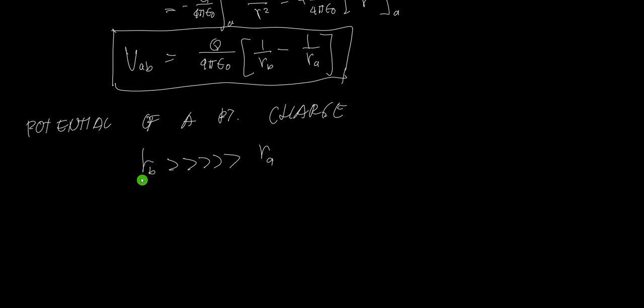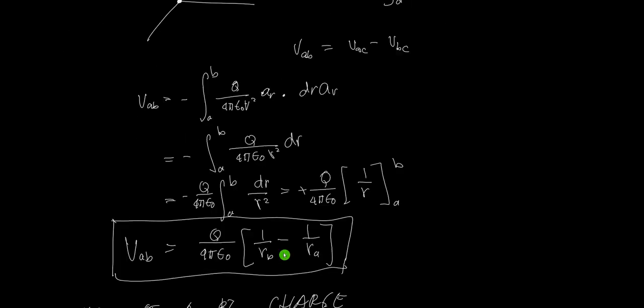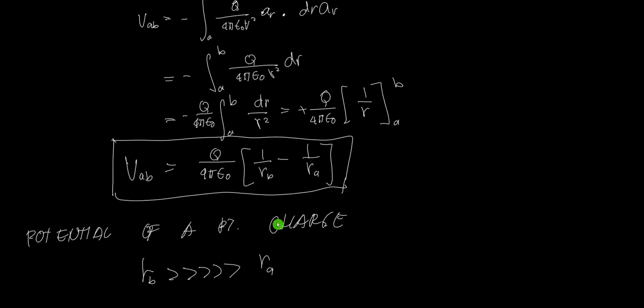We can make that go towards infinity, and we can solve for a simple voltage V in general instead of V_AB, and that will be equal to Q over 4 pi epsilon naught times 1 over R_A, since 1 over R_B goes to 1 over infinity if we take the limit. It's still the same.